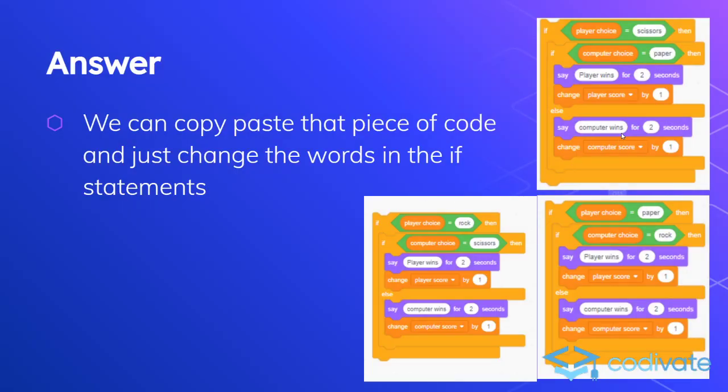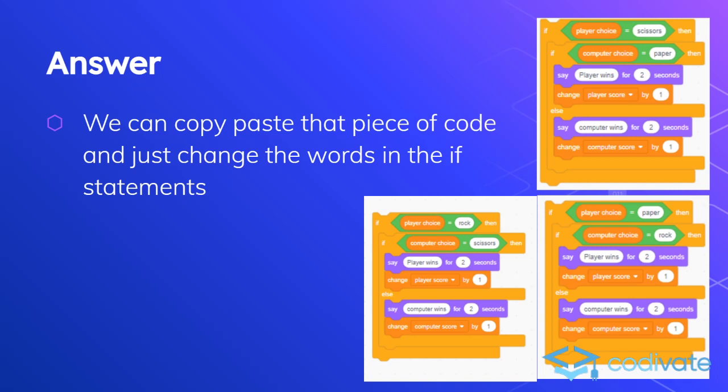Then you can re-implement this over here and just change the words. So instead of the ones for the player picking rock, we want the ones for when the player picked scissors, and then we want another one for when the player picked paper. Now, this might look like a lot of code, and that's because it kind of is.